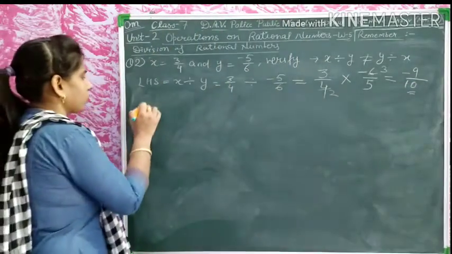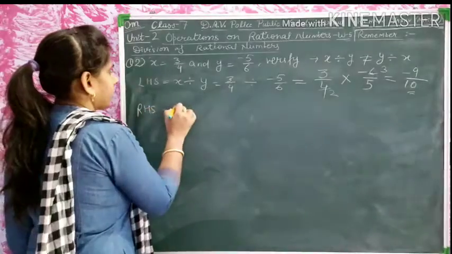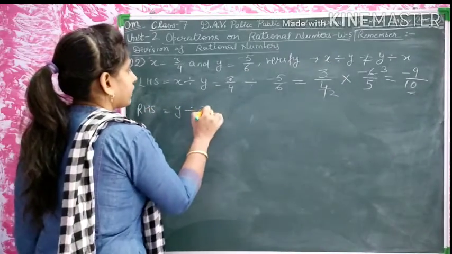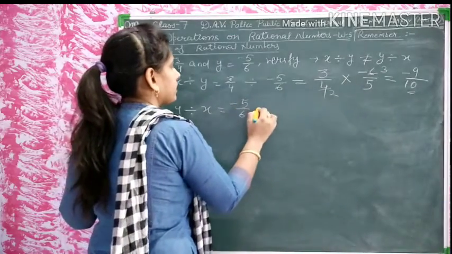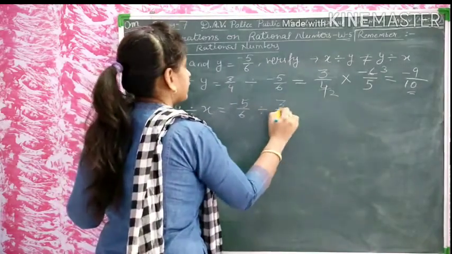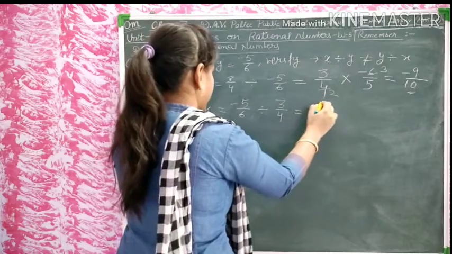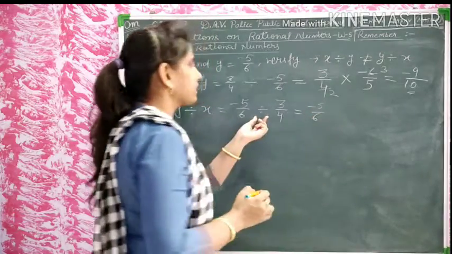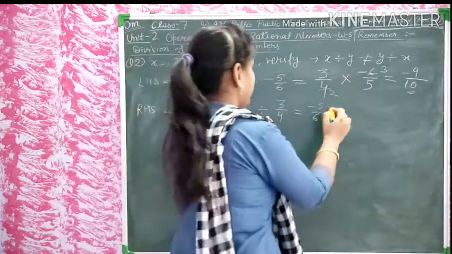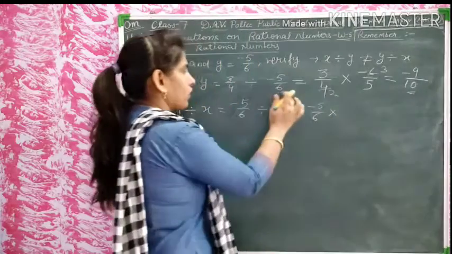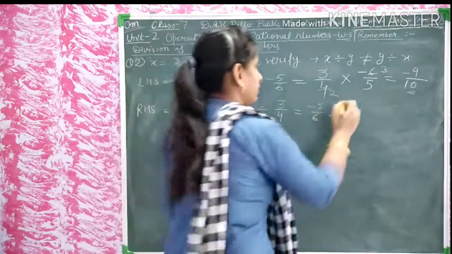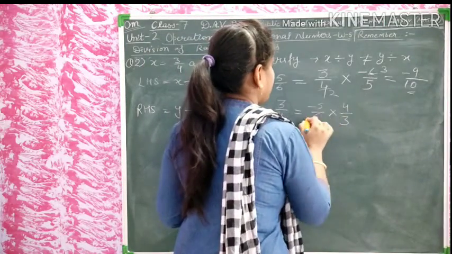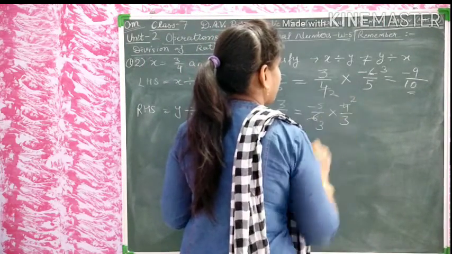Now we have to solve the RHS. RHS is y divided by x, where y is minus 5 by 6 divided by x, which is 3 by 4. Now we divide minus 5 by 6 by 3 by 4. This changes into the multiplication sign, and the reciprocal of 3 by 4 is 4 by 3. 2 3s are 6, 2 2s are 4.